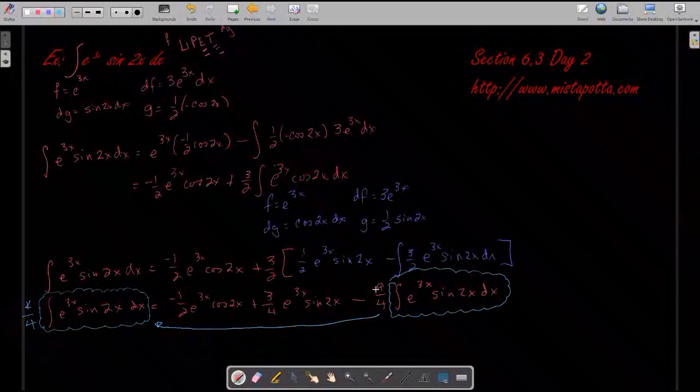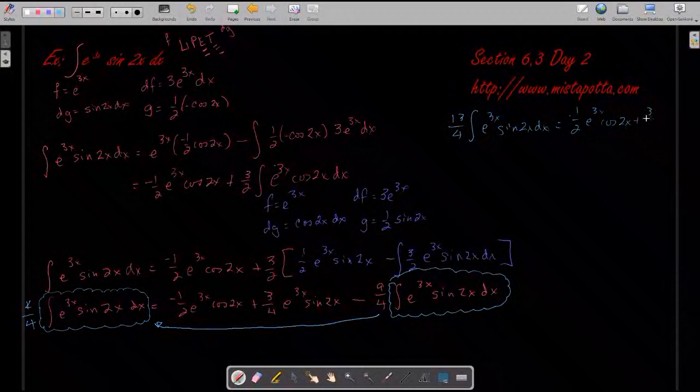And if I add them to the 9/4 by bringing them over, I'm actually going to have 13/4 of this integral, e to the 3x sine 2x dx, which is going to be equal to negative 1/2 e to the 3x cosine 2x plus 3/4 e to the 3x sine 2x.